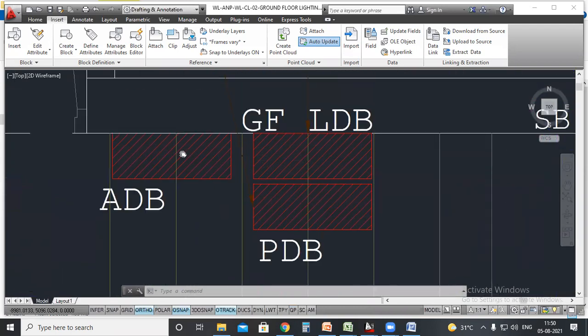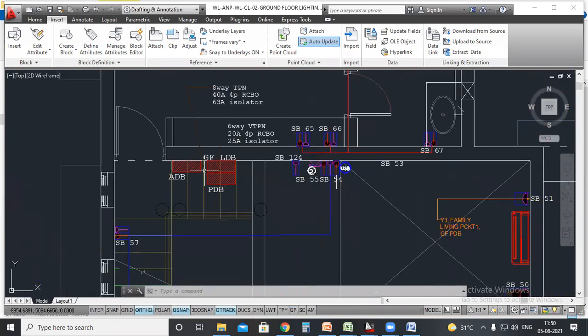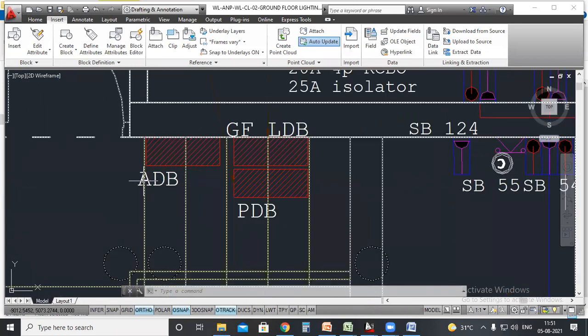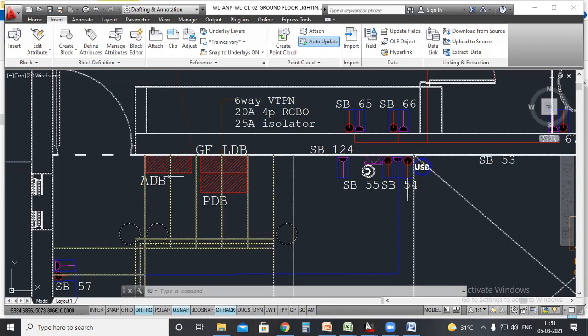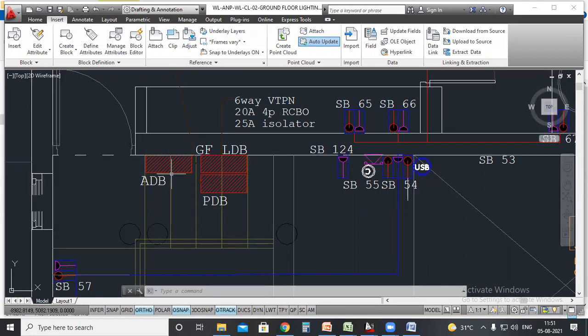So you can see we have arranged, also this residential building had an automation DB also. That is why it is mentioned as ADB. Okay, so we have an integration with the LDB and automation DB, but that doesn't come in our section. We can provide provision, but the automation team will be doing the remaining wiring and all. So for the automation DB, we can just propose the location.